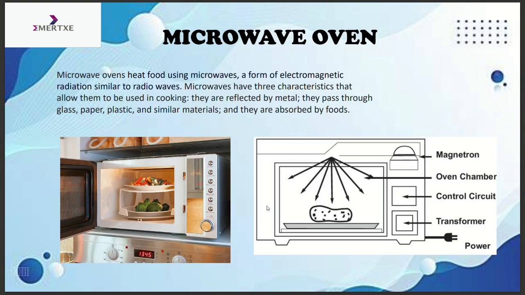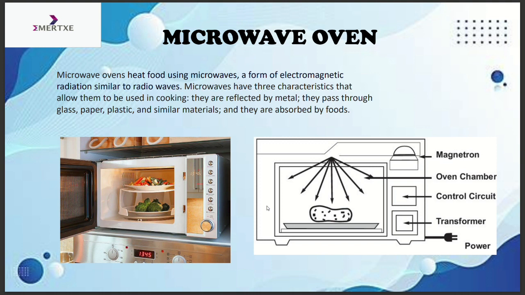Let's go to our project. Our project is a microwave oven simulation. First, we want to know about the microwave. A microwave oven heats food. As we know, it heats the food using microwaves, a form of electromagnetic radiation similar to radio waves.